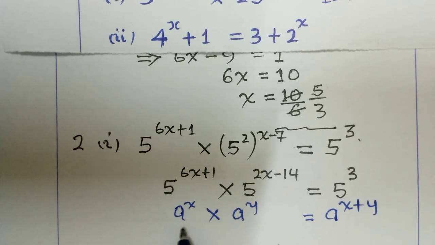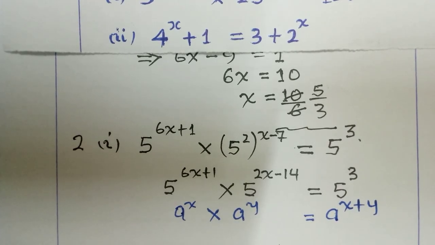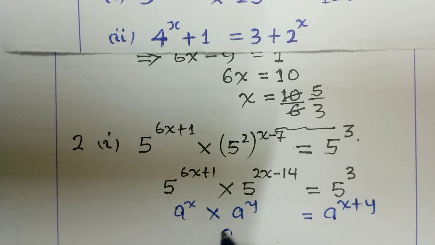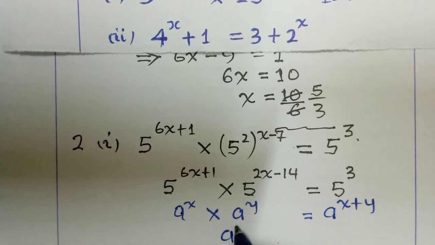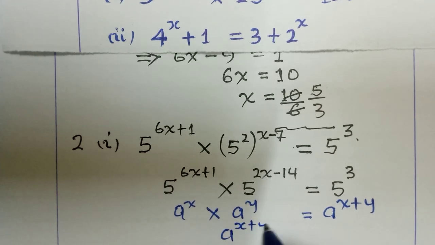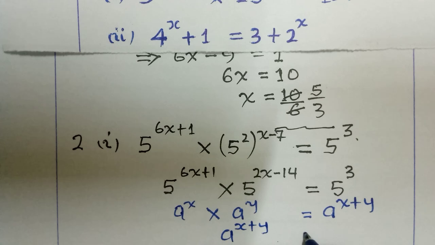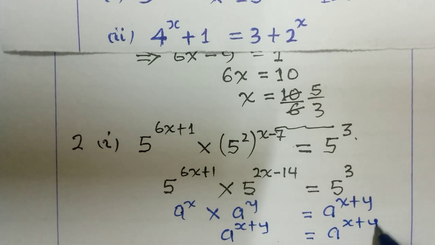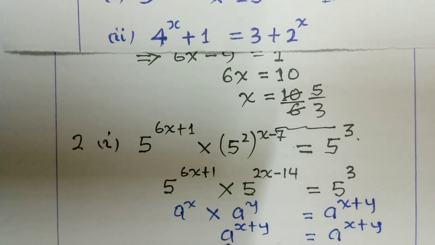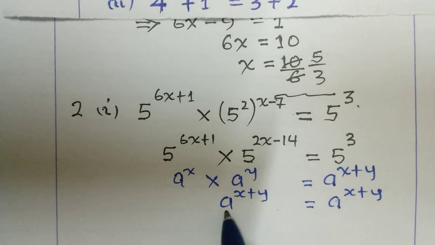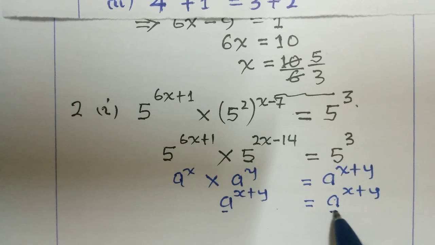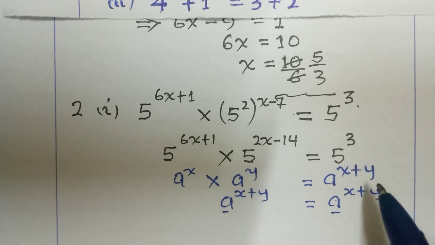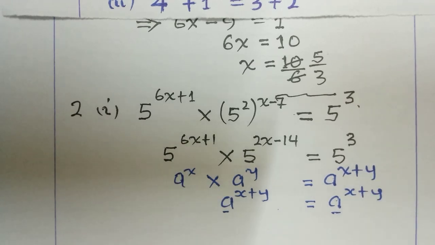If you have a number like that, guys, it means that now this one can be written as a, then you write x plus y, and this is what we have here, a to the x plus y. And you can see, guys, that the bases are similar. The base, that is base a and a, is similar, and the power is also supposed to be similar. So that's what I'm going to do to our question, guys.